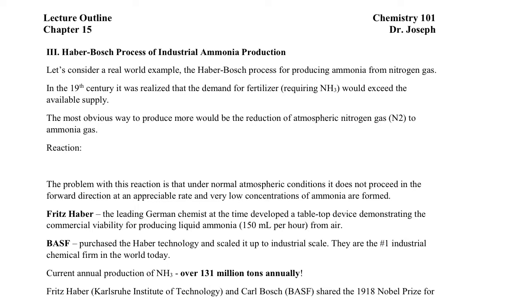So here's the reaction that we're talking about. It's known that if you can take nitrogen gas and put it in the presence of hydrogen gas, that a small amount of ammonia gas will be produced. Now, notice I said a small amount.